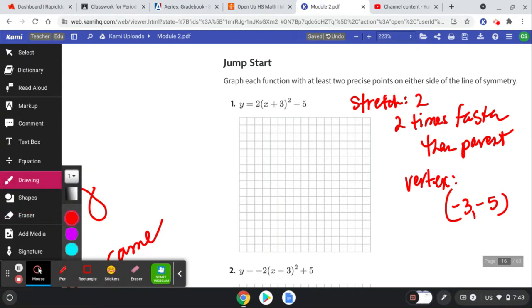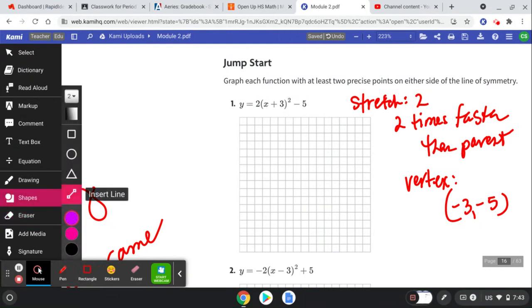And it's positive or upwards orientation. So I'm going to be going left 3 and down 5, and then graphing upwards from there. So let's go get our graph ready.